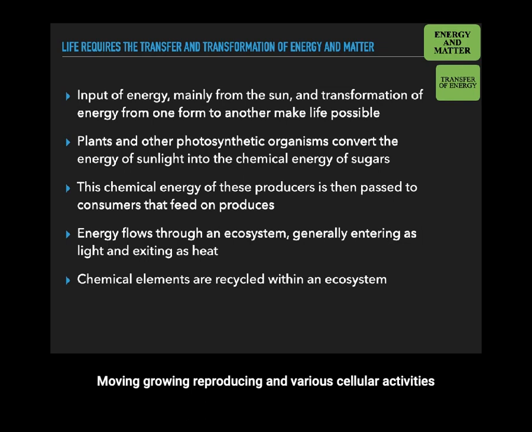Moving, growing, reproducing, and various cellular activities of life all require energy. The main energy source is the sun, and the transformation of that energy from one form to another makes life possible. Plants and other photosynthetic organisms convert the energy of sunlight into chemical energy of sugars.